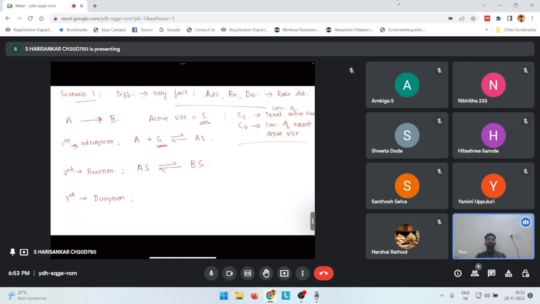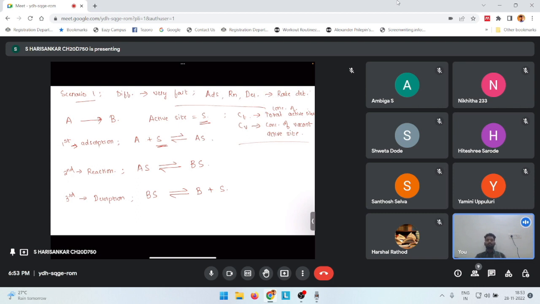Now once the reaction happens and the products are formed, the final step is desorption. So this product BS has to desorb or leave the active site and become B, and your active site has to go back to being an empty active site S. So these are the three steps when the diffusion steps are very fast.